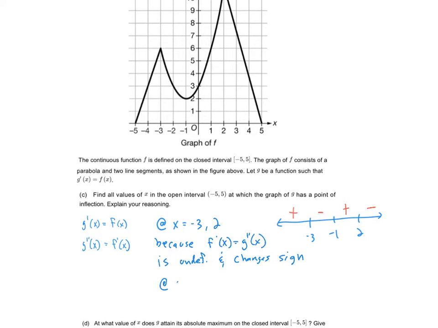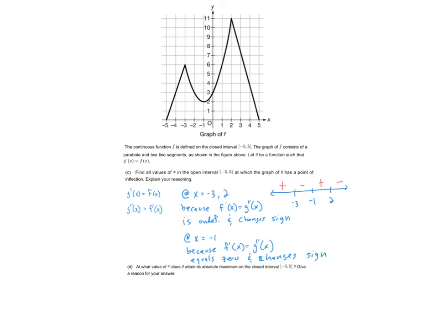And then at x equals -1, because g double prime equals 0 and changes sign. Okay, something like that. Okay, next one.